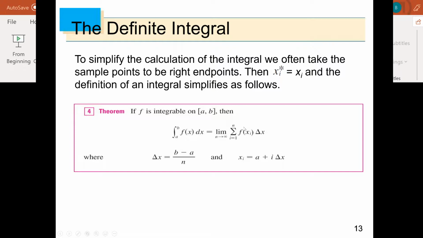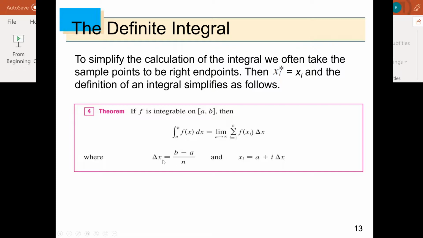Again, f of xi is just the height of the rectangles, and delta x is just the width. Once you sum all the areas together, from the first rectangle to the nth rectangle, you'll get the area under the curve.